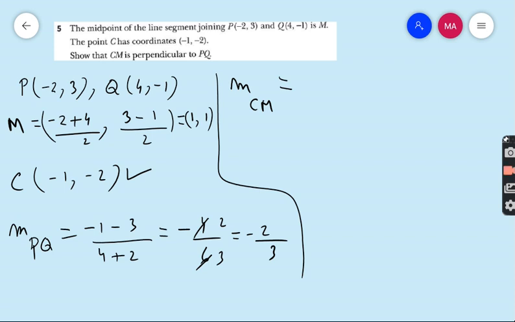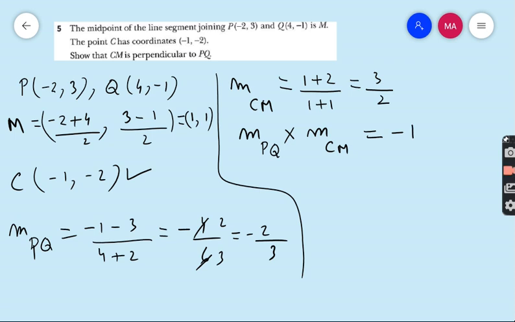Now the gradient of CM is y2 minus y1 upon x2 minus x1. 2 plus 1 is 3 and 1 plus 1 is 2. What is needed? Show that CM is perpendicular to PQ. If the line CM is perpendicular to PQ, therefore the gradient of PQ multiplied by the gradient of CM should be equal to -1.